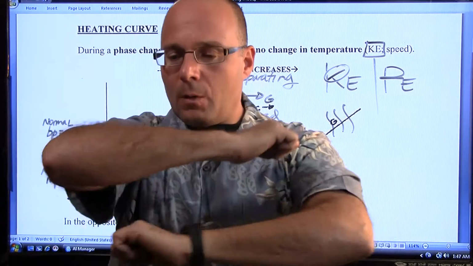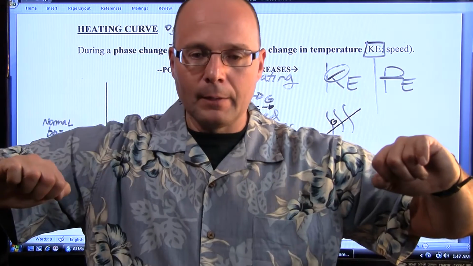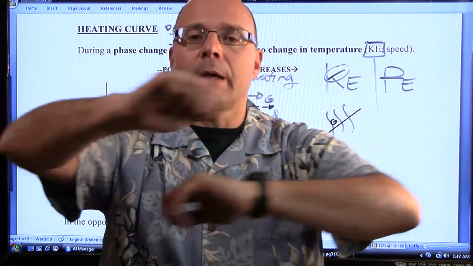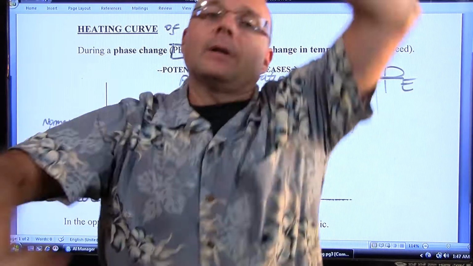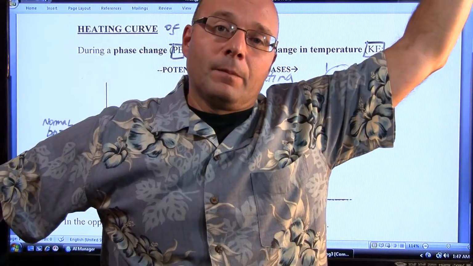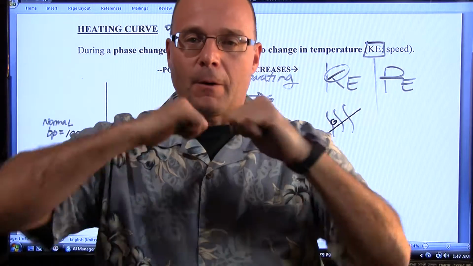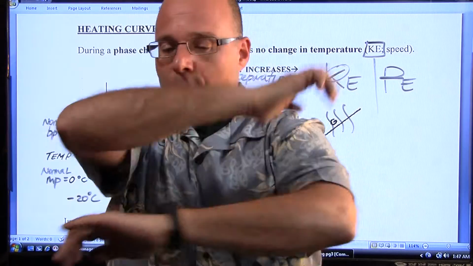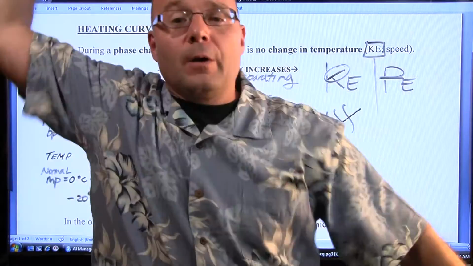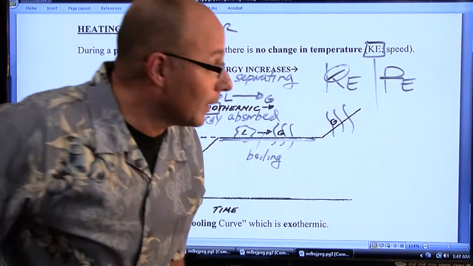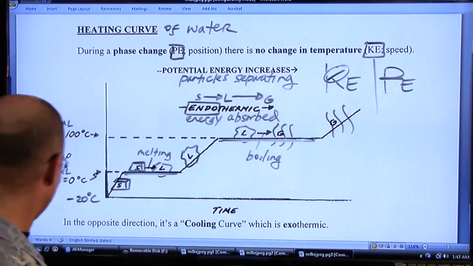And then at 0, they move further apart. And then the water that forms, as it gets heated, moves faster and faster and faster. And then at the boiling point, they move further apart. So again, from -20 to 0, faster, faster, faster, further apart. Then faster, faster, faster, and then further apart. Seems silly, but I'm sure you remember that.